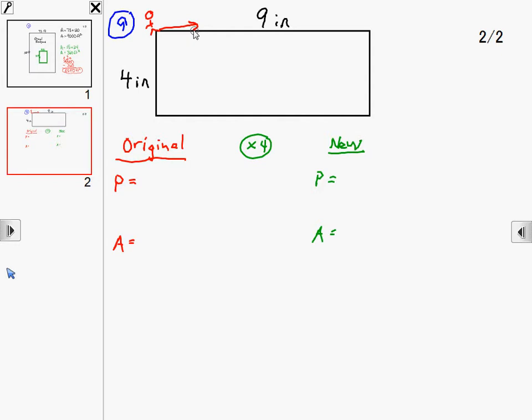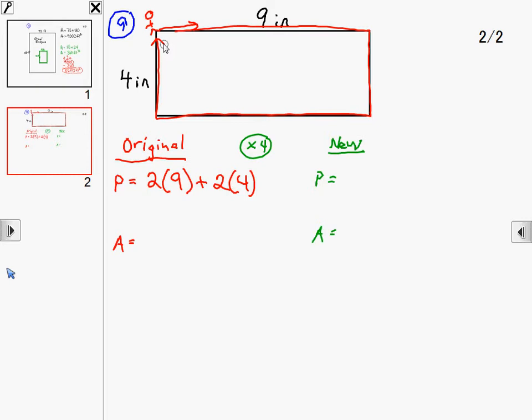There's many ways. One way is to... okay, there are 2 9s. And how many 4s? There are 2 4s. So instead of adding 9 plus 4 plus 9 plus 4, which would work, Ella used the formula, you could shortcut.